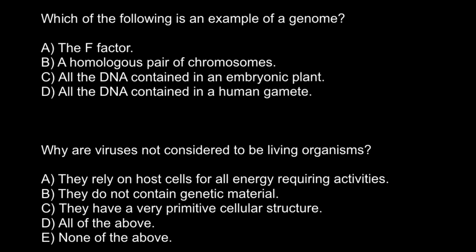And once again, in the case of this example, I cannot say that it is all the DNA contained in the human gamete, because any human gamete, whether female or male, contains only 23 chromosomes, and the human genome consists of 24 chromosomes.